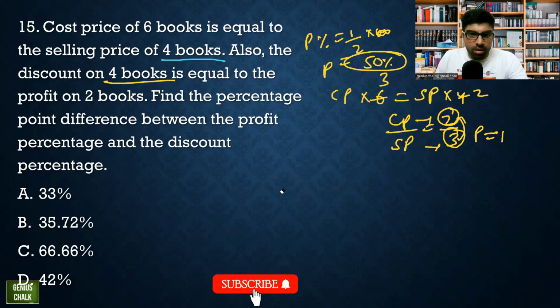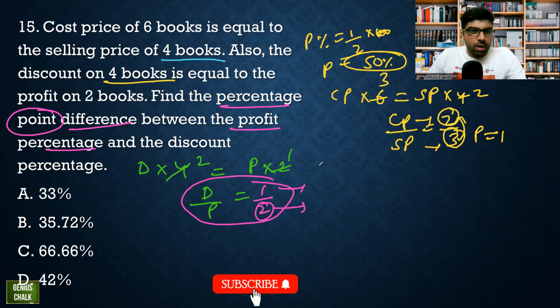Okay, 50% is the profit. After that, discount on 4 books is equal to profit on 2 books. Can you find the ratio? Yes, 2, 1. So discount by profit, how much? It's 1 by 2. This is the ratio. Profit percent, discount percent. So discount percent is what actually? This is 1, right? Discount by mark price into 100.